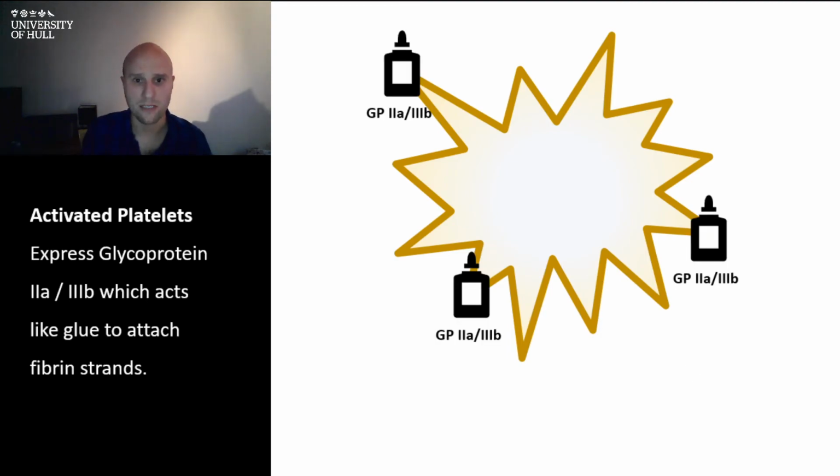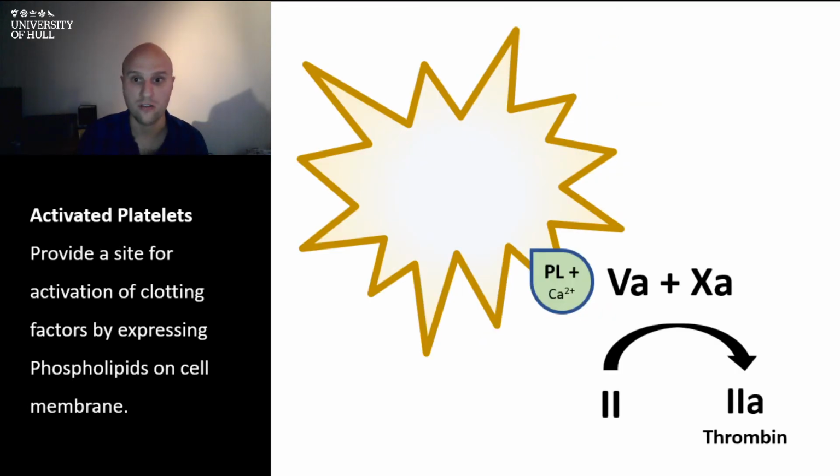They will express something called glycoprotein 2A3B, which really acts like a glue to stick the platelets to the fibrin that is being formed through coagulation, so that the whole thing sticks together and is a nice strong clot.